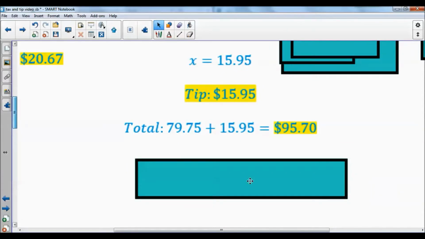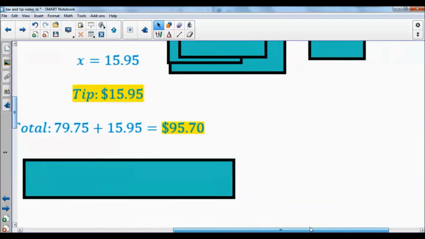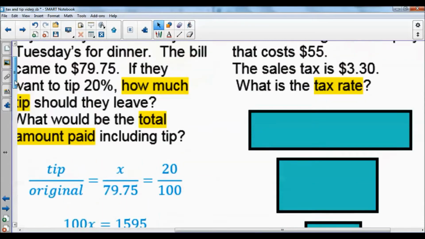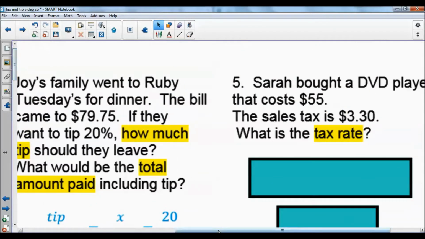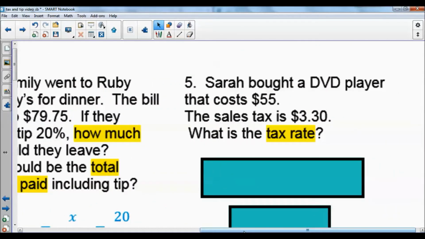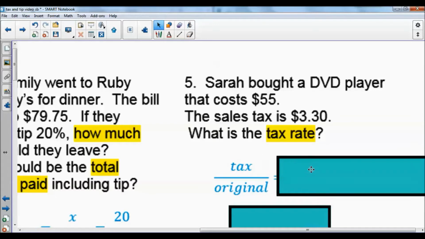Okay, our last one that we're doing together, number 5, says Sarah bought a DVD player that cost $55. The sales tax is $3.30. What is the tax rate? This one is actually different from all the ones we've done before. So if we look at our original proportions that we're setting up, we are always doing tax or tip over the original.